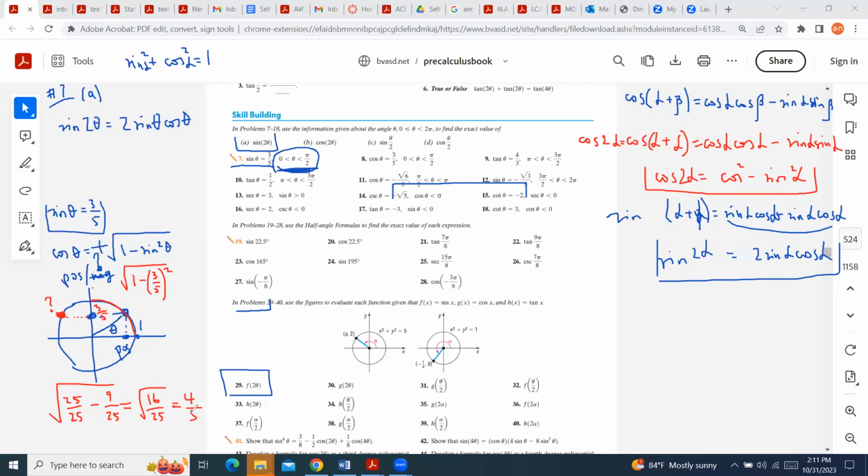And the key part is this positive 4/5, because it could have been negative, could have been here, right? So I've got my value of sine is given, it is 3/5. And I also just found the cosine.